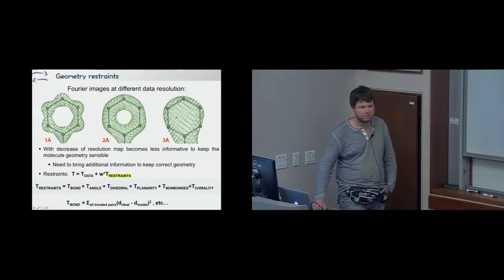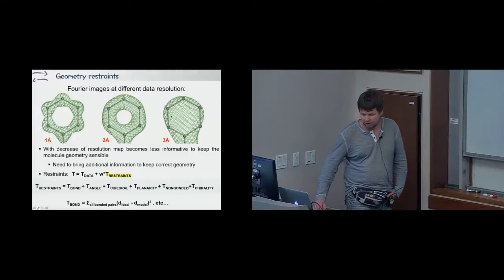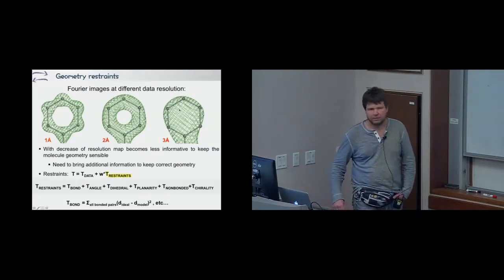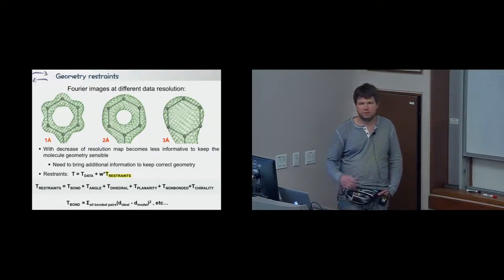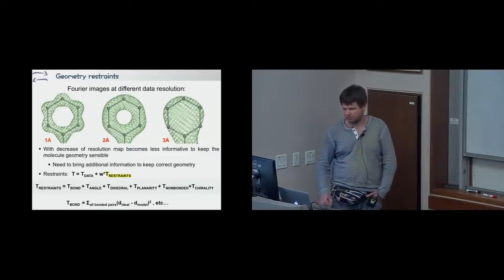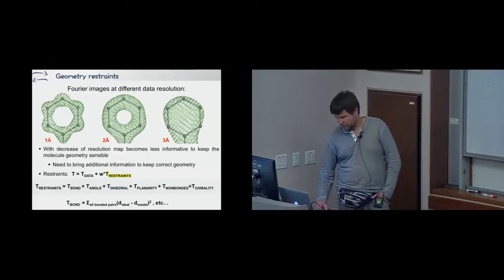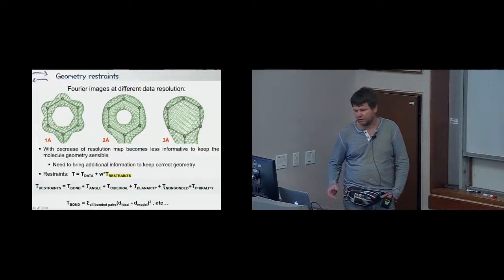If we don't inform some chemical knowledge onto this structure, atoms may just collapse somewhere, fill this bag of density in some random way, and that wouldn't make any chemical sense. That's why we need to bring some extra knowledge about chemistry into refinement, and that extra knowledge is called restraints. Traditionally, standard restraints include bonds, angles, dihedrals, planarity, non-bonded terms, chirality, and so on.